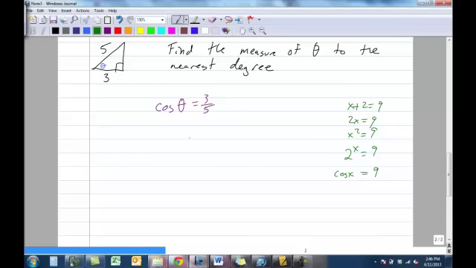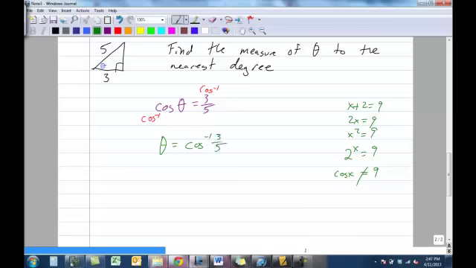That's what's happening here. Now, we'll find out that this can never happen. But back here, how do you uncosine? You're going to inverse cosine both sides. Right? So inverse cosine is the enemy of cosine. Those cancel. You're left with theta equals the inverse cosine of 3/5.